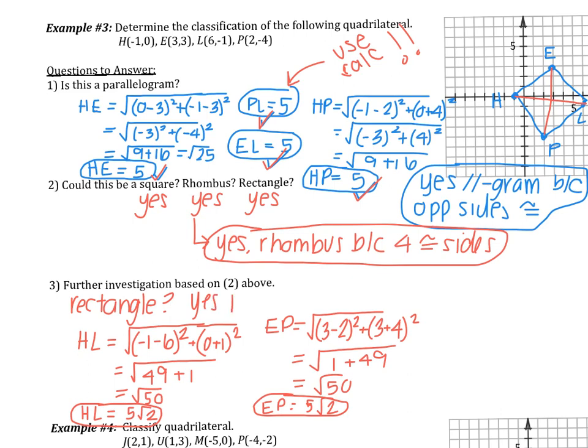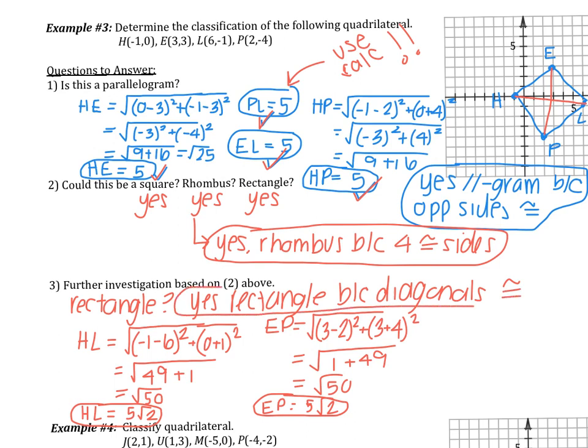So yes, rectangle, because diagonals congruent. Again, I chose it that way. You can choose it any way to write it. Okay, almost done.